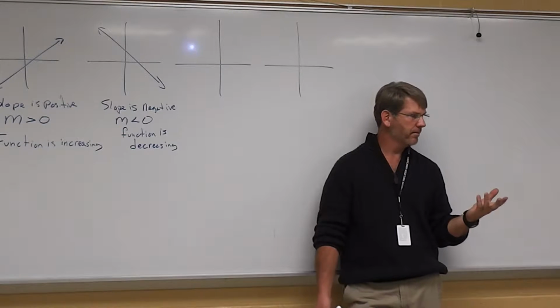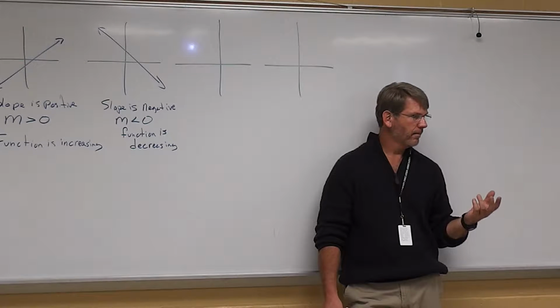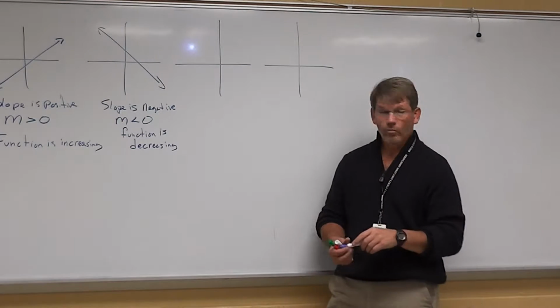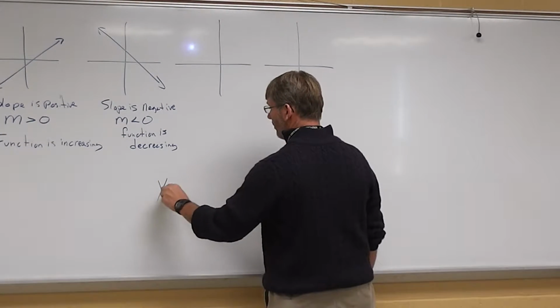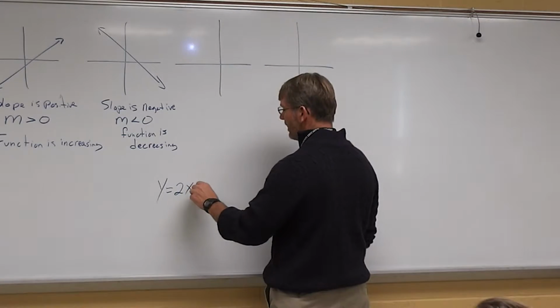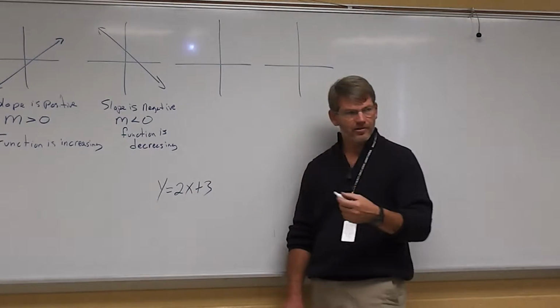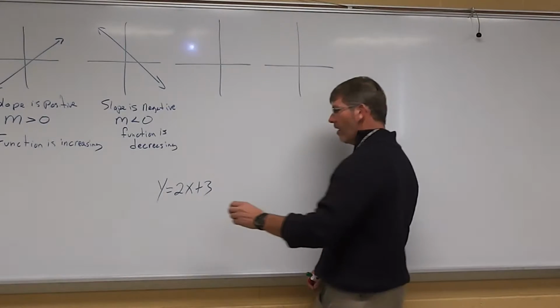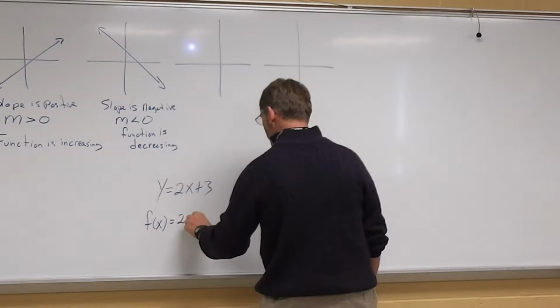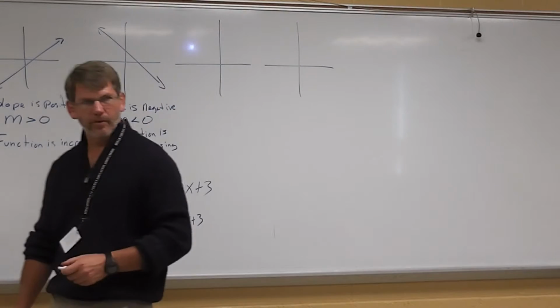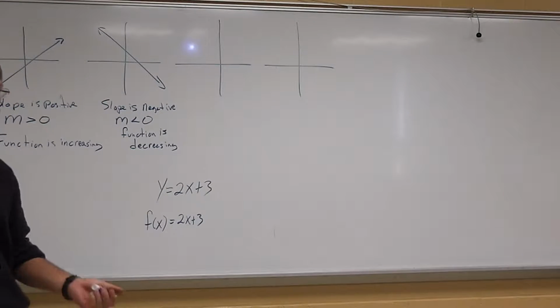I'm calculating points. Let me ask you this. This would be one format of it. You don't have to write this down just yet. That is a linear equation. Could I not also write this in this form? Either y equals 2x plus 3 or f of x equals 2x plus 3.